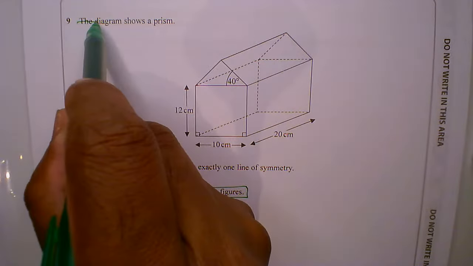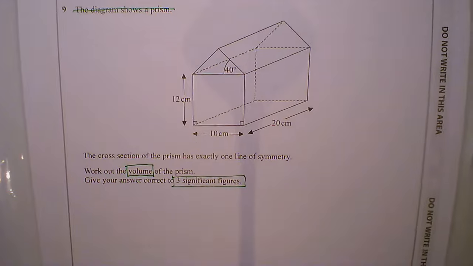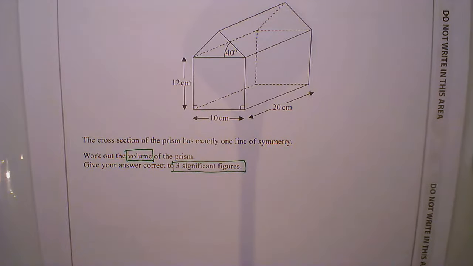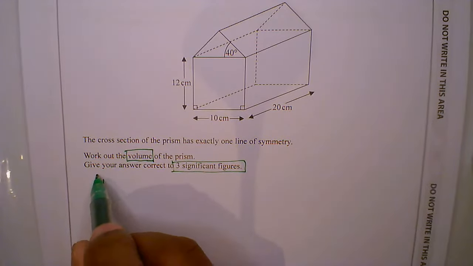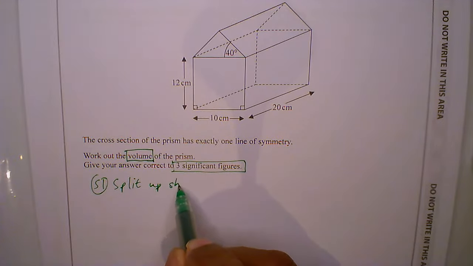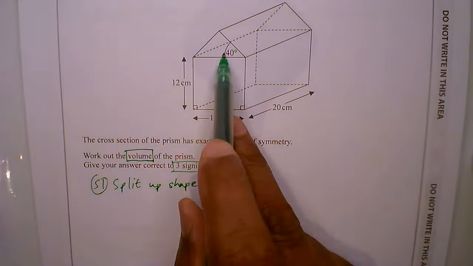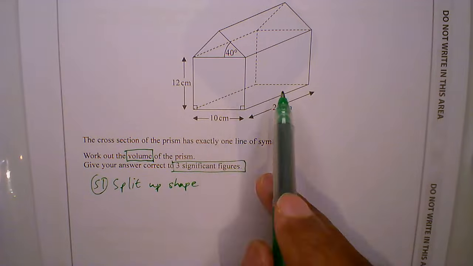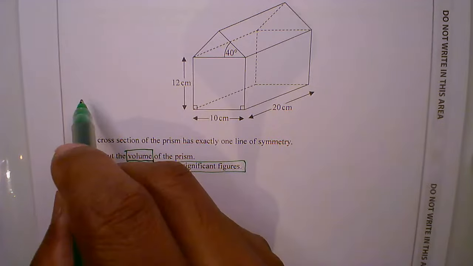So really we can just delete that line and we just need to focus on what we need to do here. So I am going to split up the shape. You can see here I've got a rectangle and a triangle. So let's do that.